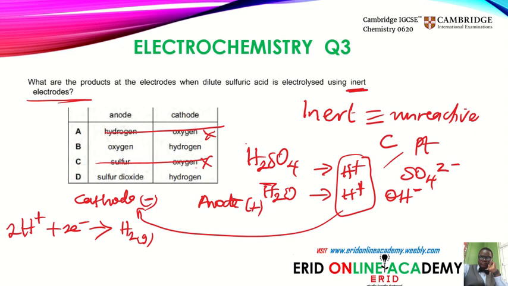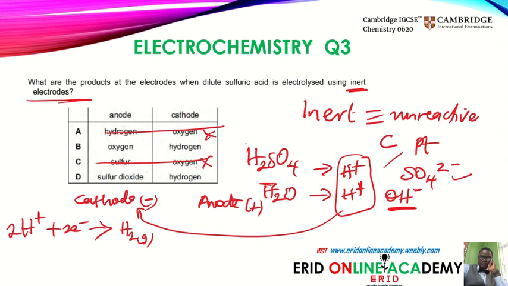Here you have 2 ions migrating to the anode: your hydroxide and your sulfate. Now you should know that hydroxide will be discharged in preference to sulfate because hydroxide is lower in the reactivity series than sulfate.